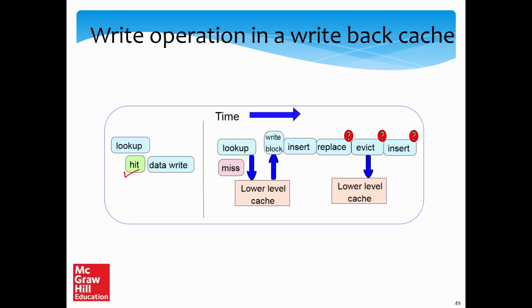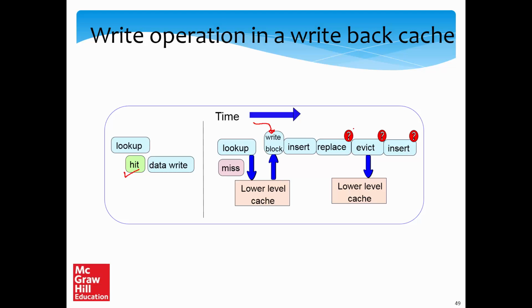So first write the block, which means that the new data that we want to write is written to the block that we read from the lower level, and then we try to insert the block with the new contents into the cache. If we find a place to insert, well and good. Otherwise, we need to follow the replace, evict, insert sequence of three operations.